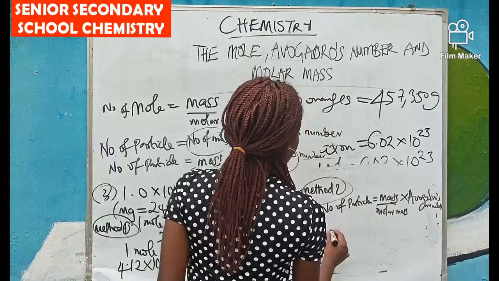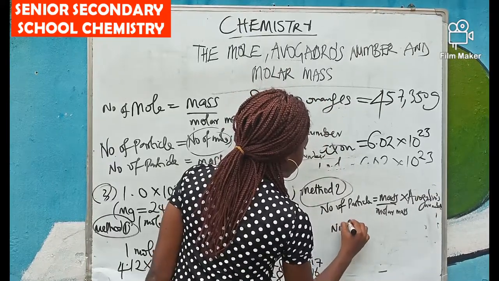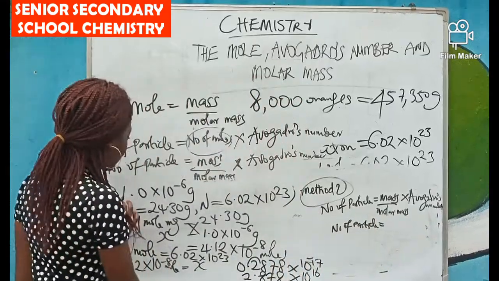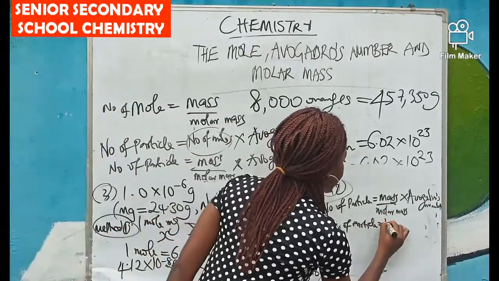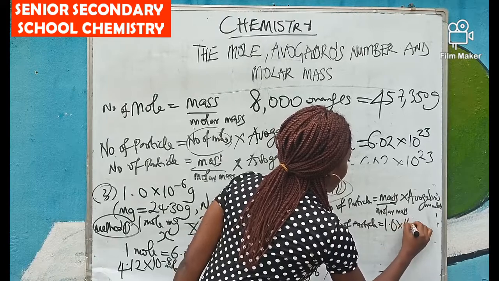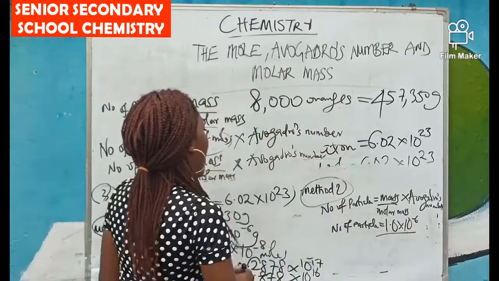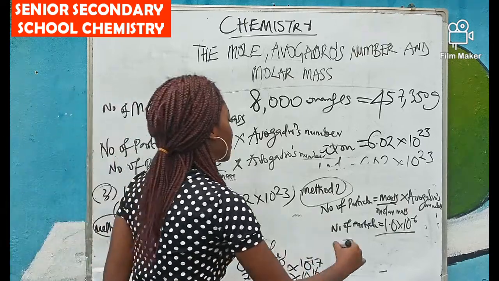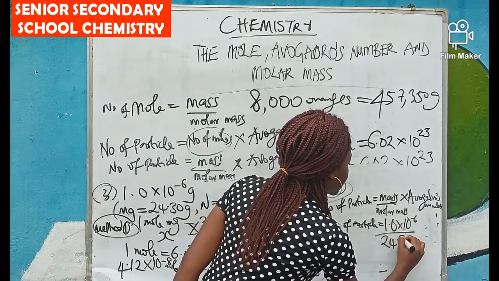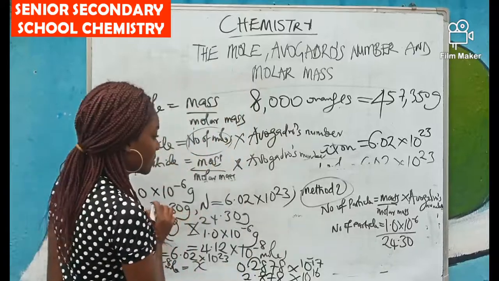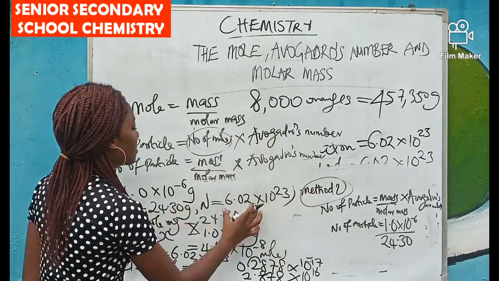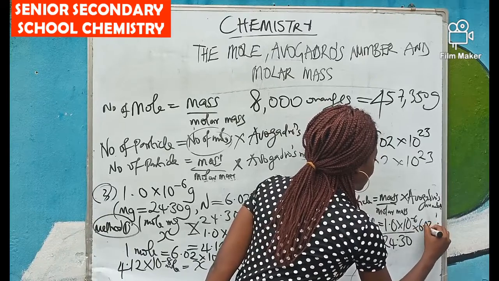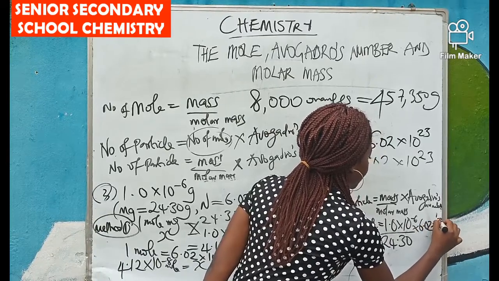So our number of particles is equal to the mass that was given. So we're given 1.0 times 10 raised to power minus 6. Our molar mass of magnesium is 24.30 from the periodic table, and our Avogadro's number, which is this, times 6.02 times 10 raised to power 23.